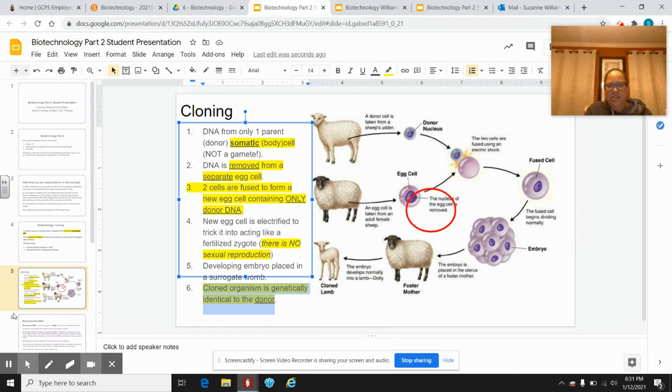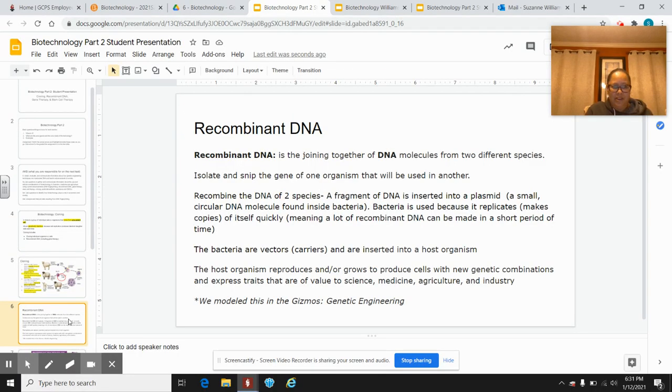That's probably the easiest one that we're going to do, but I've tried to make recombinant DNA a little bit simpler than it is. All right. So recombinant DNA sounds a lot like recombined, and that's exactly what it is. Recombinant DNA is DNA from two different species. It's been taken apart and then recombined back together.